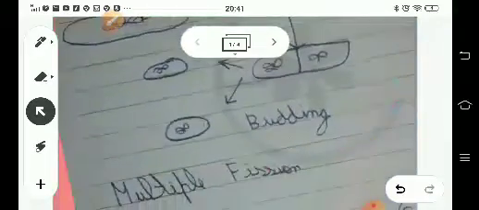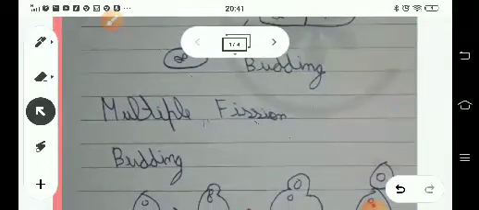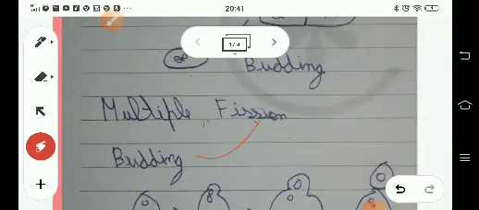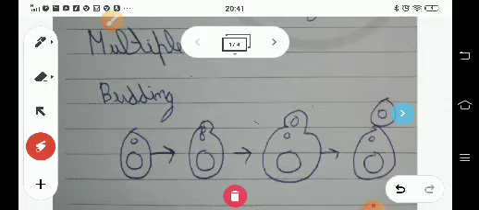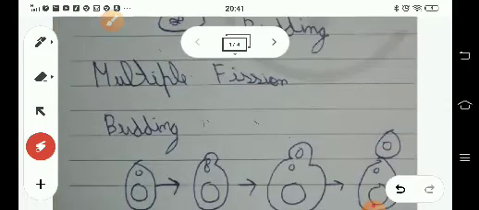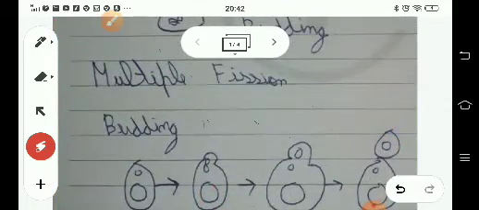Now, budding is done, the next topic is multiple fission. This is the diagram of budding you can see over here, where the bulb appears. Now what is multiple fission? Friends, sometimes some organisms develop a thick protective layer around them.